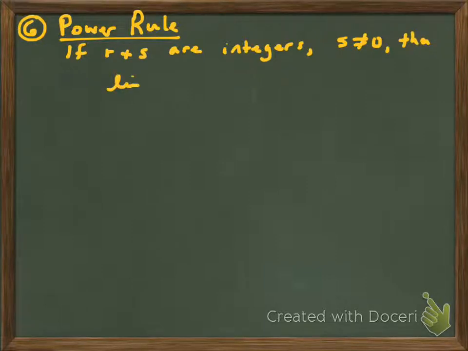All right. The limit as x approaches c of f of x, inside parentheses, raised to the r over s power. Now, if you've caught on to the pattern, the simplicity of the pattern, I should say, of these rules, what would you just ballpark this one to be?